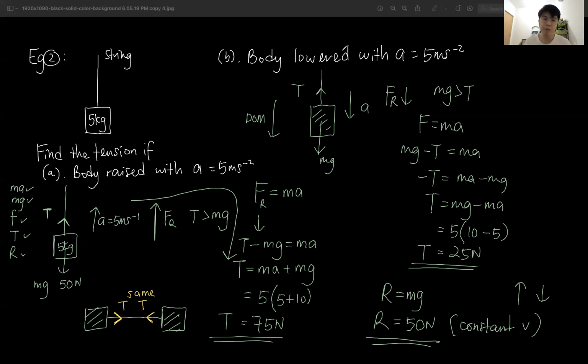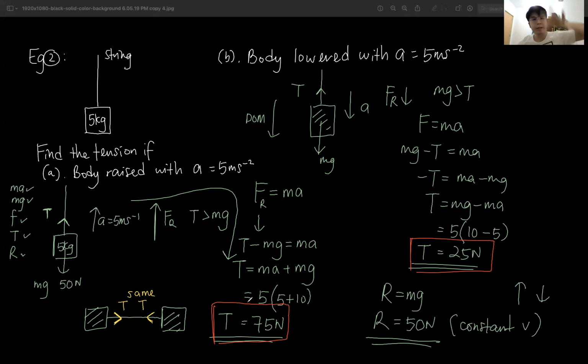You compare the 3 values that we get here. This one we get the highest. This is the lowest. What happens here? When it is accelerating upward, it gives the highest tension. Just like the elevator, when it is accelerating upward, it gives the highest reaction.